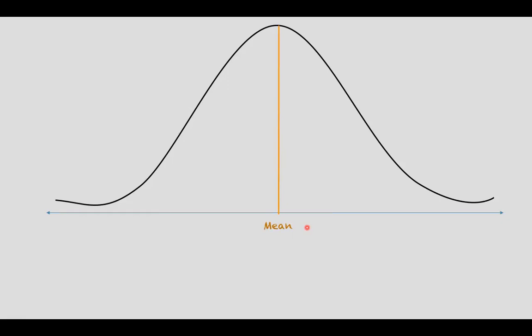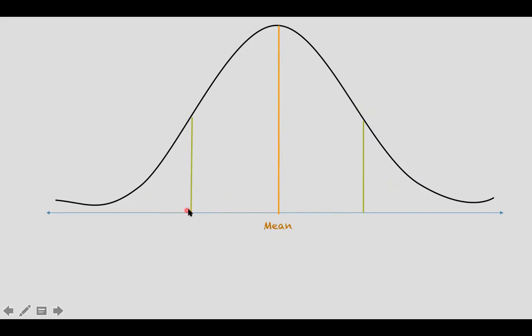Keeping in mind that from the mean to the right-hand side there will be positive observations and positive values, and from the mean to the left-hand side there will be negative observations or negative values. This is the first standard deviation, from the mean to one standard deviation and from the mean to one standard deviation. Here it is negative and here it is positive.